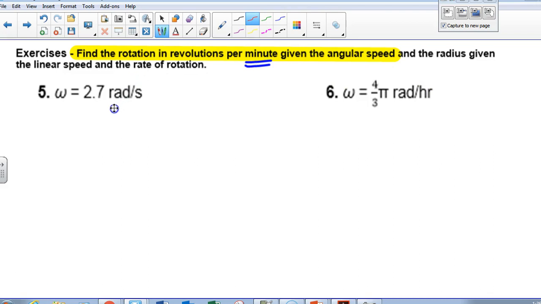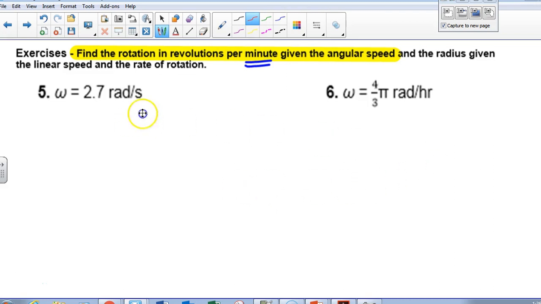I don't know why, but in this section on the notes and in the book, they lumped two different kinds of questions together and made the directions really confusing. It says, find the rotation in revolutions per minute given the angular speed. And then it says, or means, and find the radius if you're given the linear speed and the rate of rotation.